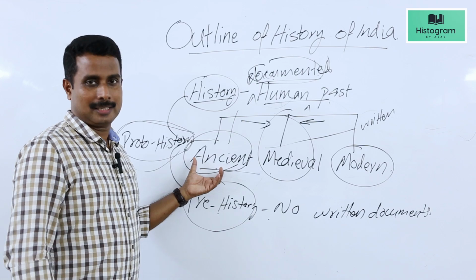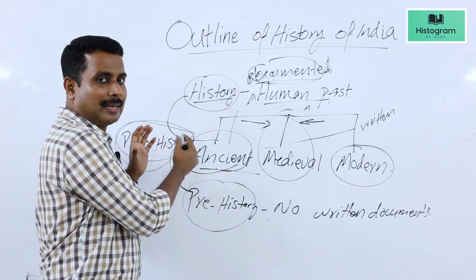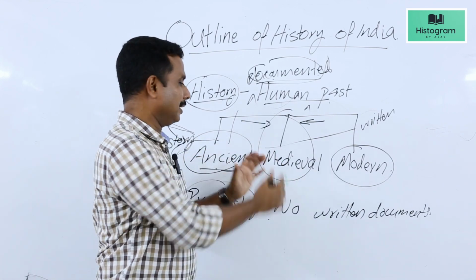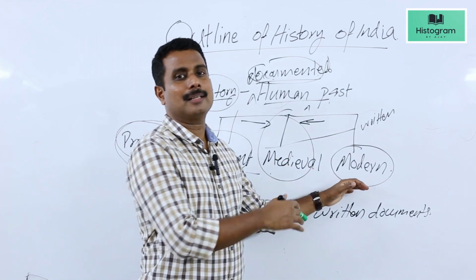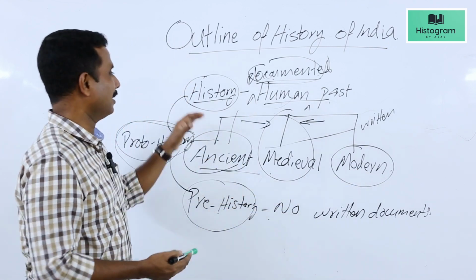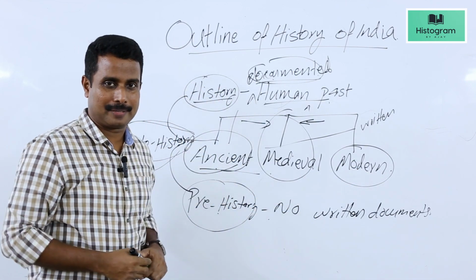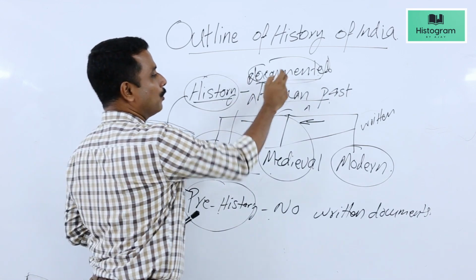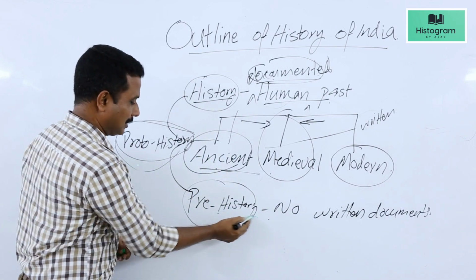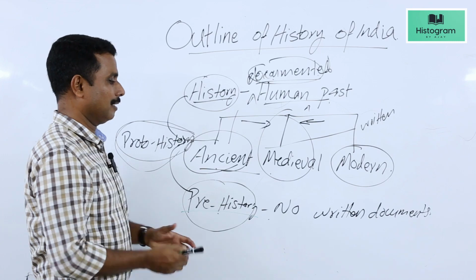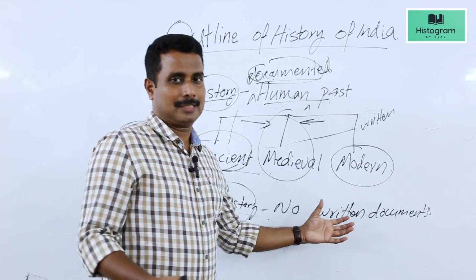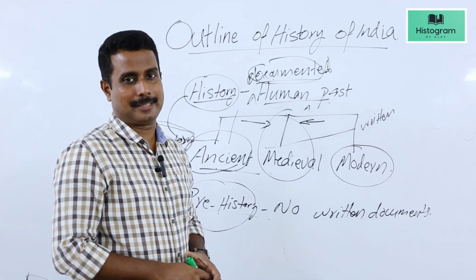First is ancient history, that is the earliest part in any history, and second is medieval, the period after the ancient stage, and finally modern. So three broad divisions in history, and next we understood the definition of history. History means the study of documented human past. So there is a stage known as prehistory where human settlement had been there but they did not have the knowledge of the art of writing.